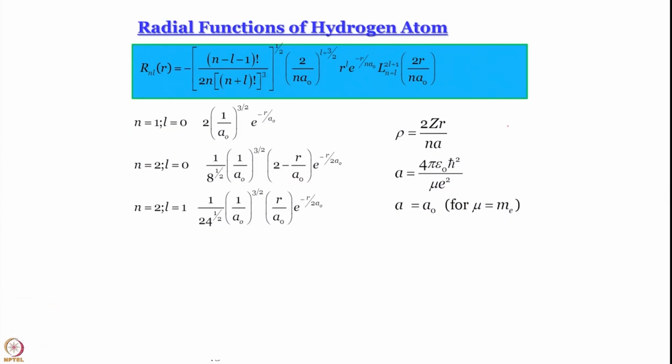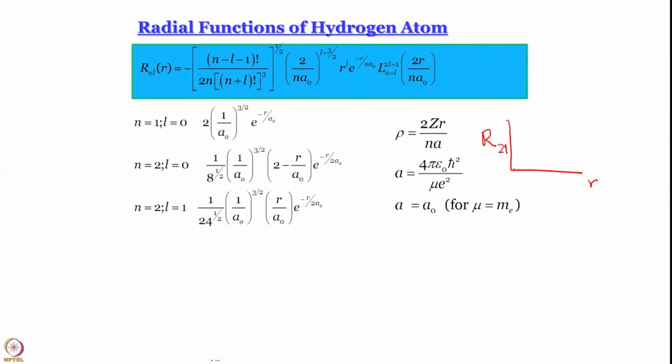So, if we plot capital R for 2 1, n equal to 2 and l equal to 1, that is a 2p orbital, remember, against r, what do you get? At r equal to 0, obviously it is 0, e to the power minus r by 2a0 is 1, but r is 0.